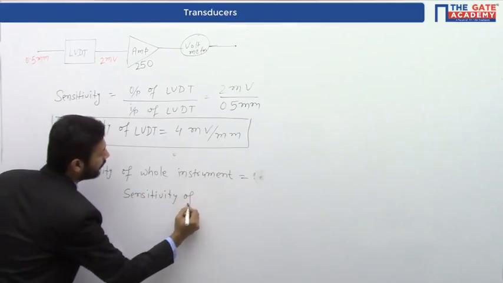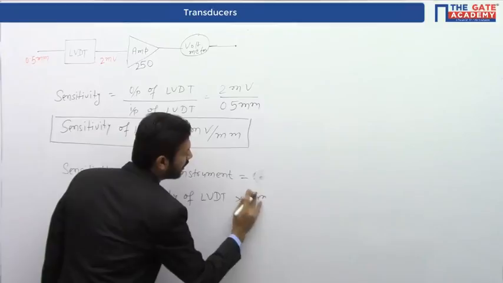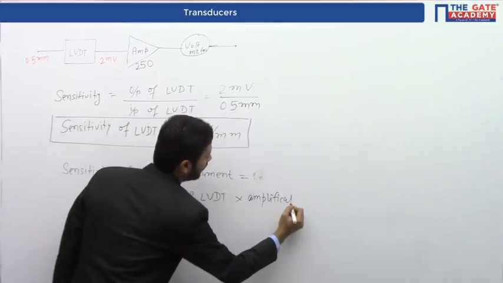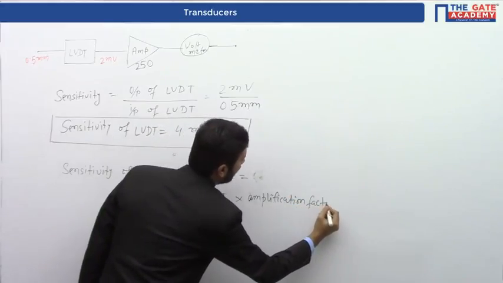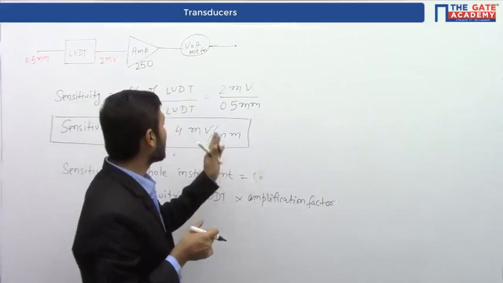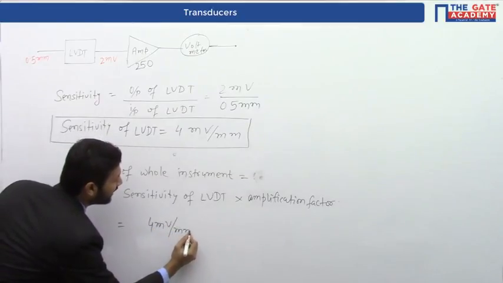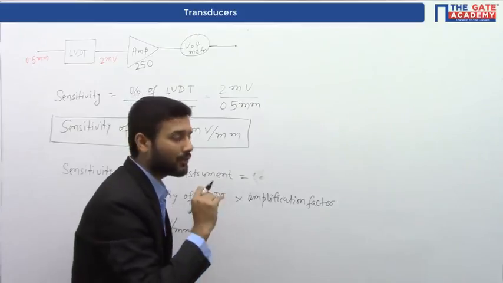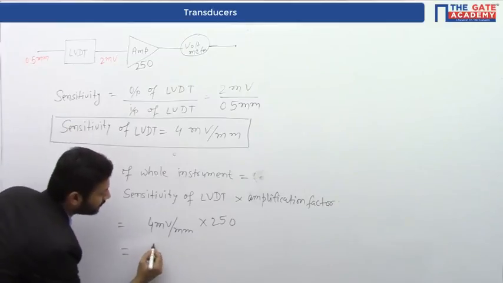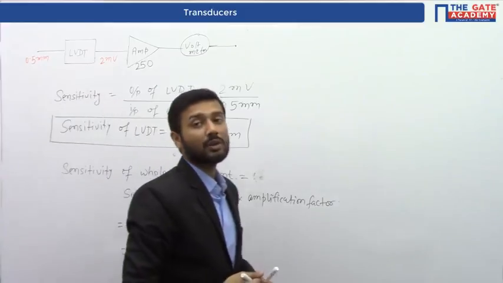That's why the sensitivity of the whole instrument equals the sensitivity of the LVDT times the amplification factor. We have already got 4 millivolt per millimeter for the LVDT, so it is 4 millivolt per millimeter times 250, and that equals 1 volt per millimeter.